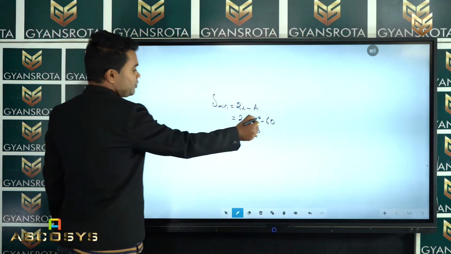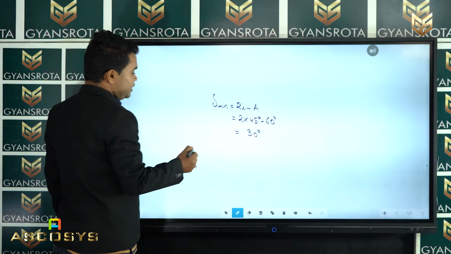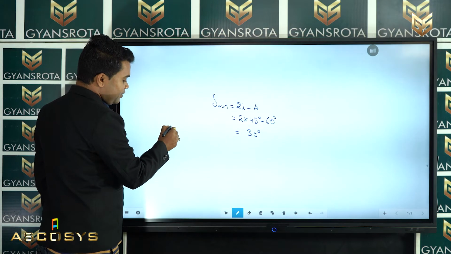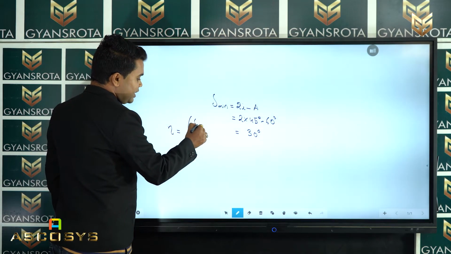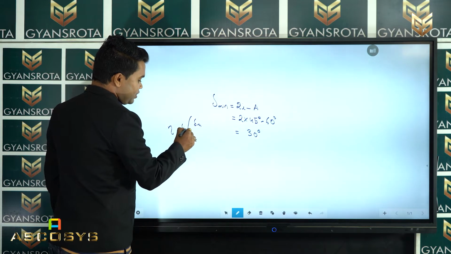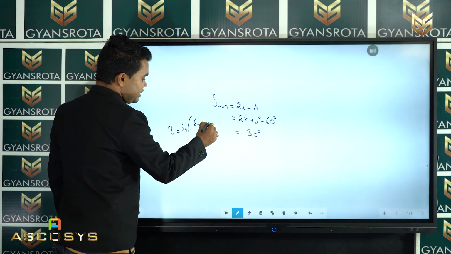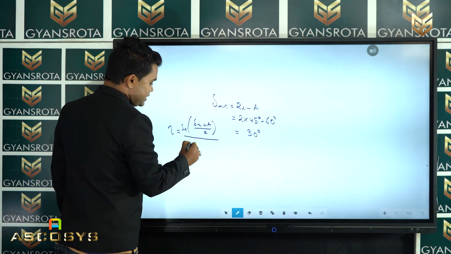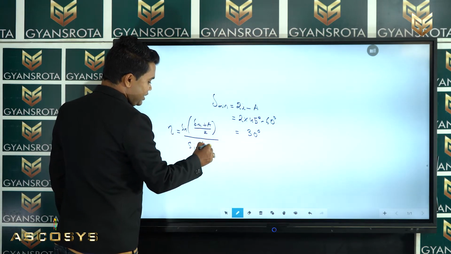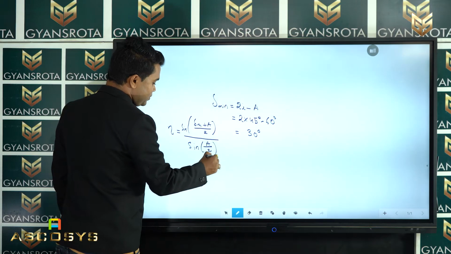Now, how much will be the refractive index for a minimum angle of deviation? Refractive index can be written as sine of (delta m plus A) divided by 2, divided by sine of A by 2.